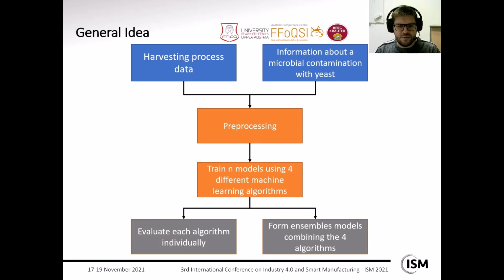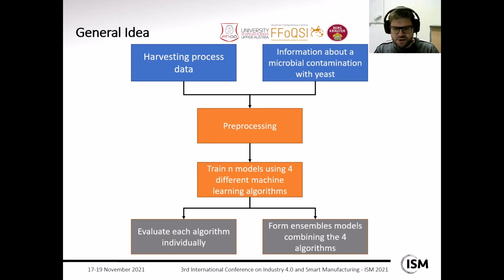So now we come to the general idea of solving the problem. We combine the harvesting process data and the information about a possible microbial contamination with yeast to perform some main preprocessing steps. After the preprocessing, we train N models using 4 different machine learning algorithms.